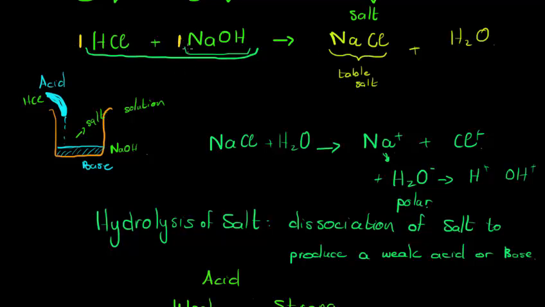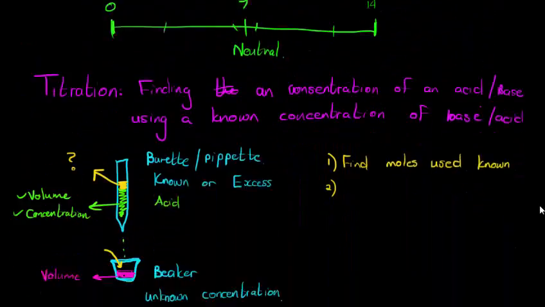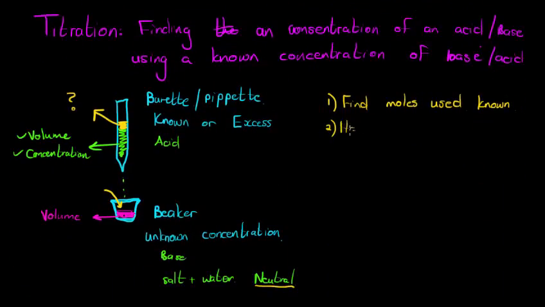Doesn't matter what happens on the other side, that's important. 1 to 1. Sometimes it can be different, especially when we work with H2SO4. Then we might have to balance the equation, and I might have to have 2 of whatever I have on this side to produce whatever is on that side. In that case, we will know how many moles were in the unknown using ratios.